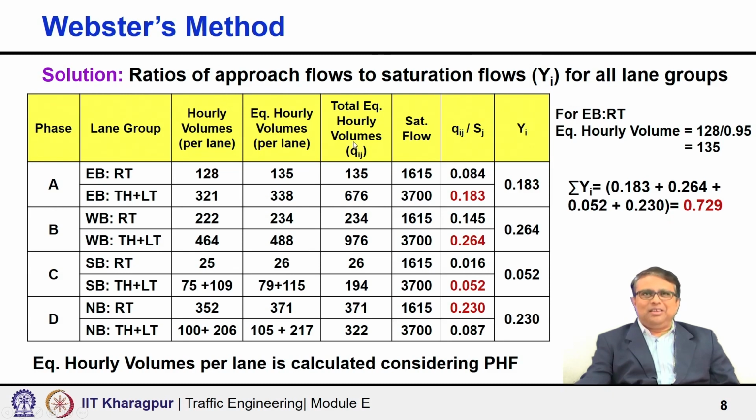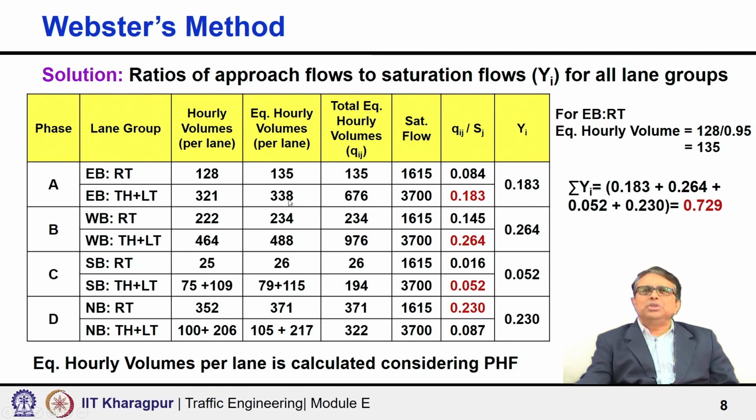Of course, eventually these are to be added together when we consider the equivalent hourly volume, not per lane, but total. For the first case, phase A eastbound, there is only one lane, so the 135 will remain 135. But through and left in each case is 321, the left and straight shared lane is 321, straight is also 321, and the equivalent hourly volume considering the peak hour factor is 338.